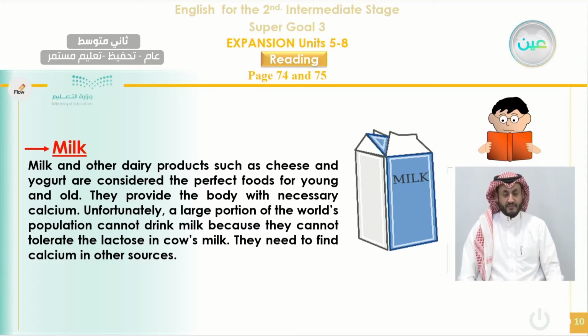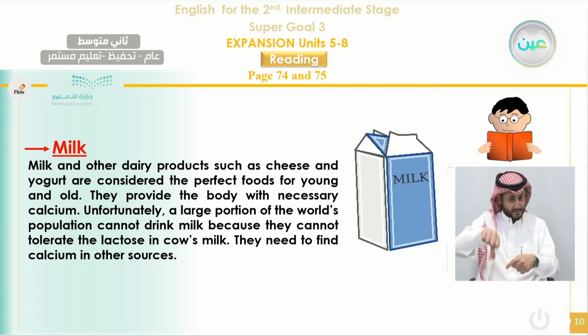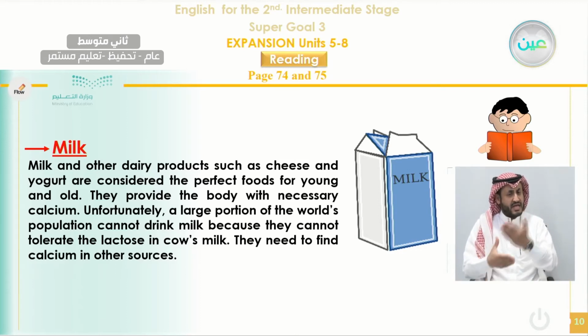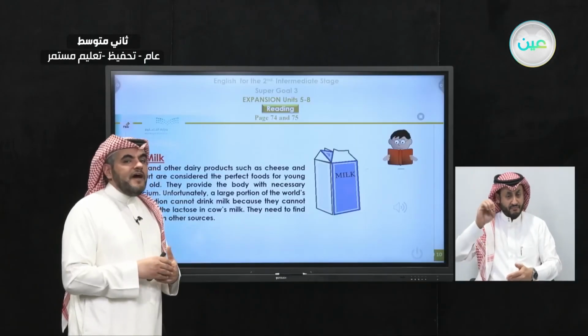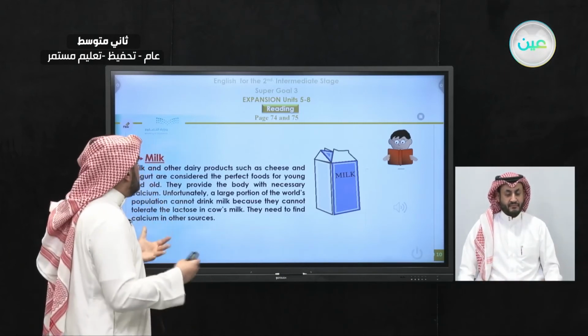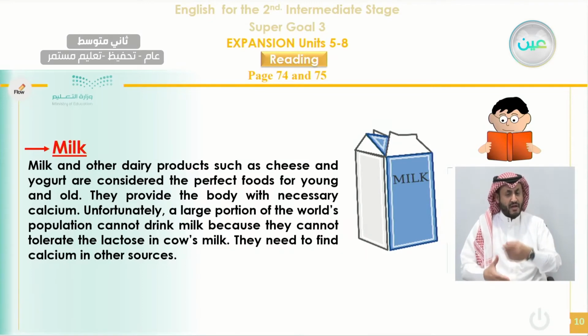Unfortunately, that means unluckily, which is a bad thing that will be mentioned, a large portion of the world's population cannot drink milk. Many people do not like milk. You can notice that so many people don't like it. What is the reason behind that? Why do so many people not like milk? Because they cannot tolerate the lactose in cow's milk.